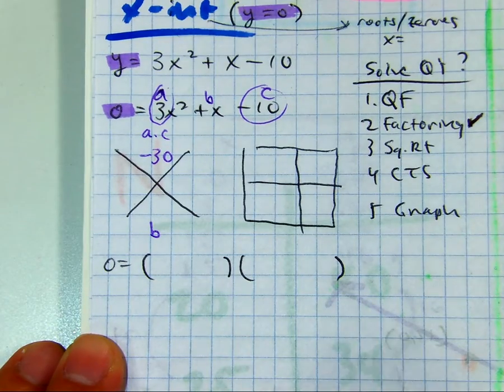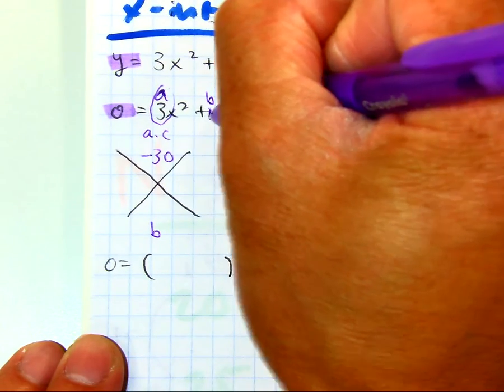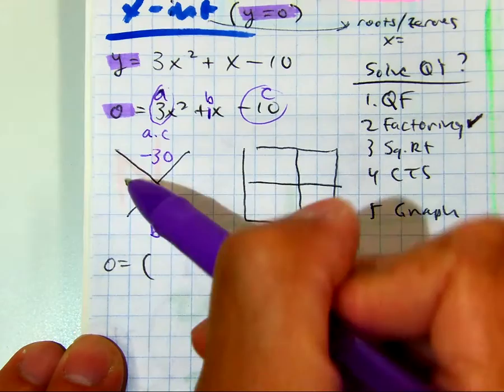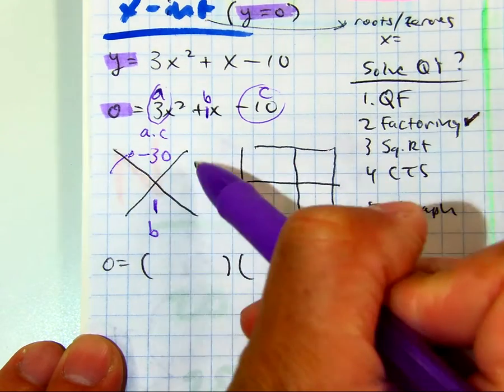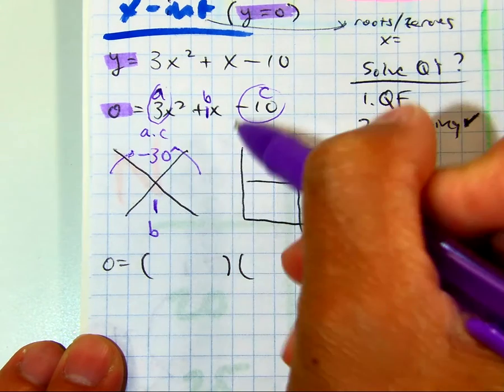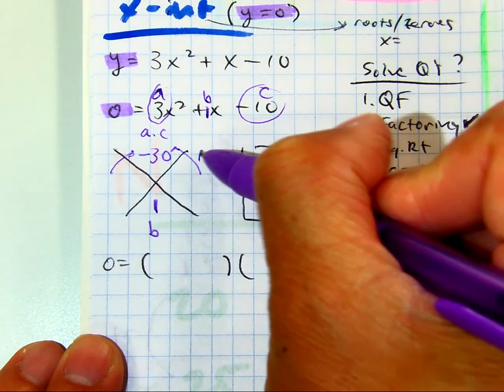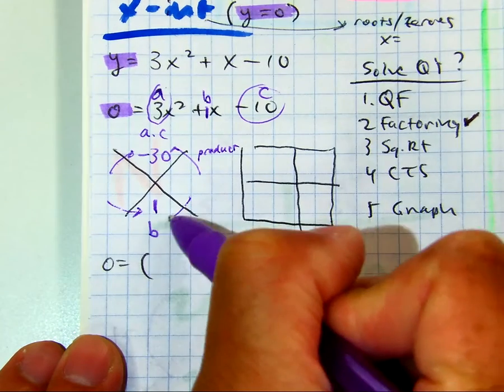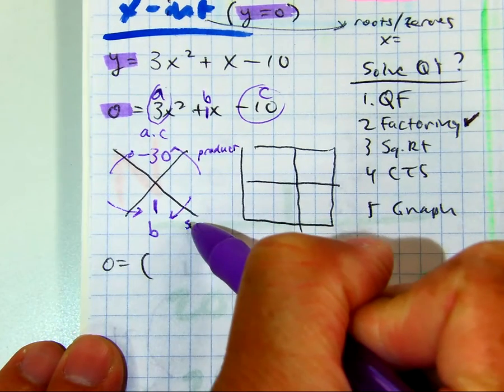There's no number. It is a 1. I need two numbers that multiply to be negative 30. So product. But those same two numbers add to be 1, or their sum is 1.